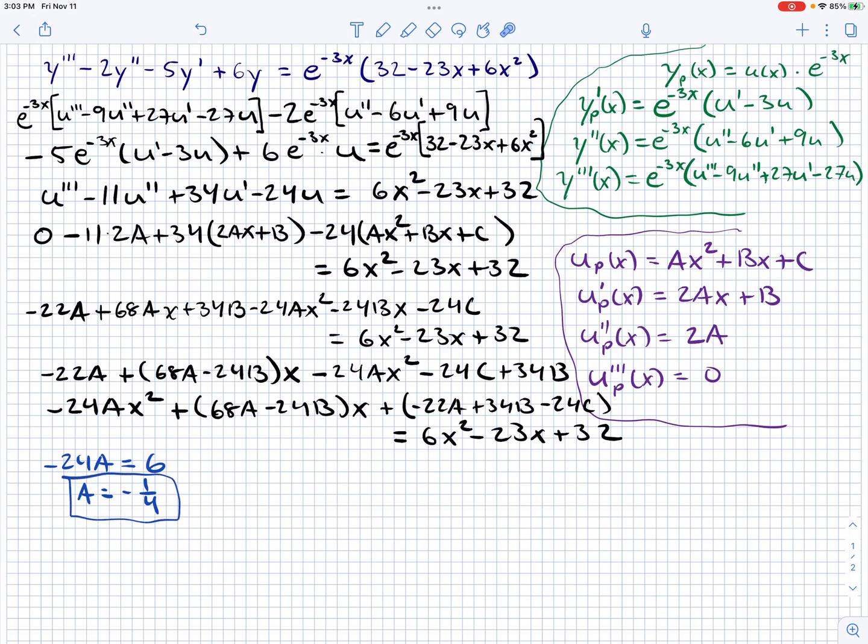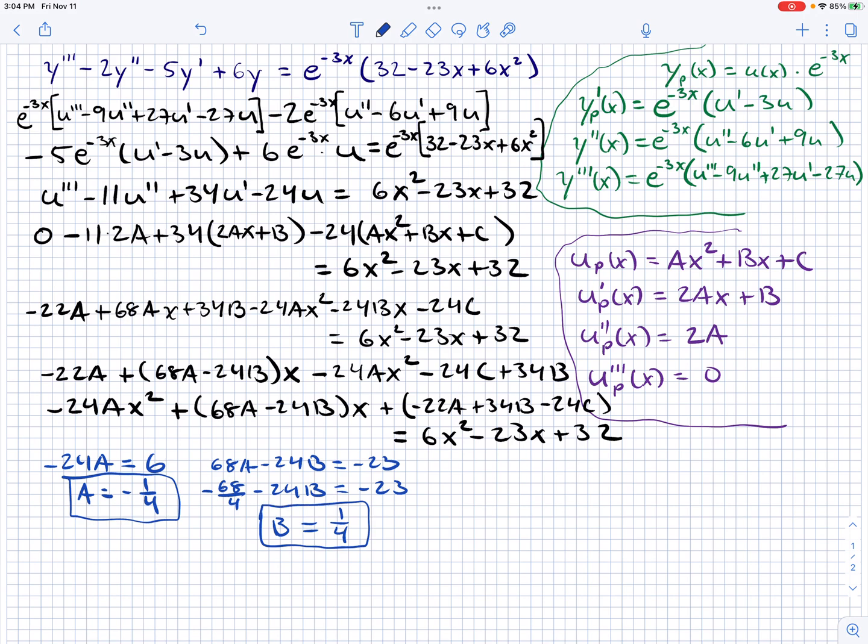And then 68a minus 24b has to be equal to the constant in front of the x term, which is negative 23. And since a is negative 1/4, I'll just have negative 68 over 4 minus 24b being equal to negative 23. I'm just jumping to the solution again because I will leave you to do the arithmetic part if you like. When you solve for b, you just end up with 1/4.